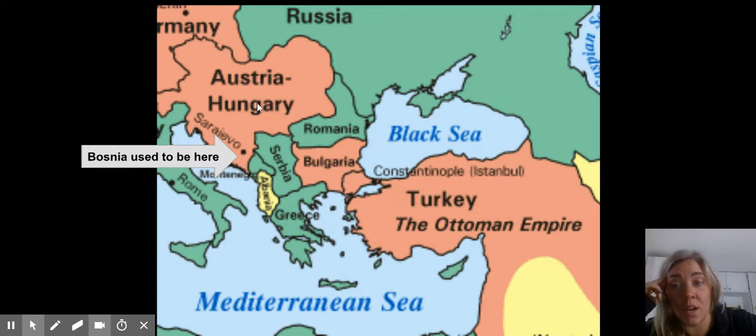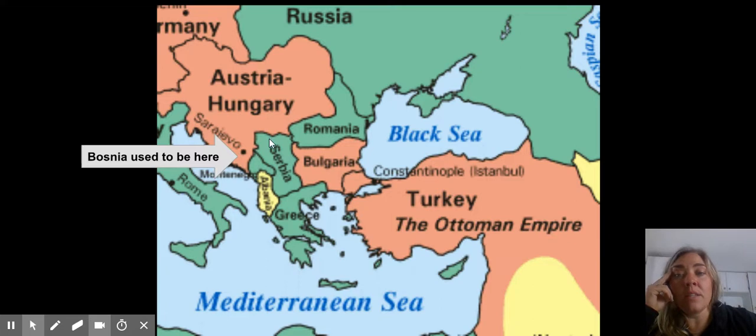So they convinced Austria-Hungary to give Serbia, because Gabriel Princip was from Serbia, a list of demands to prevent war. It's called an ultimatum. There were so many ridiculous demands that Germany knew Serbia would never meet them, because they wanted an excuse to start a war.